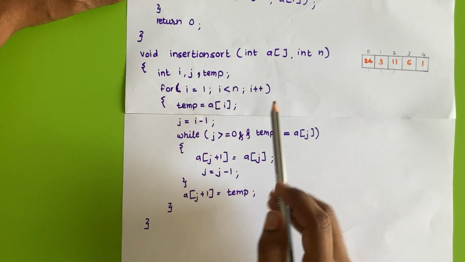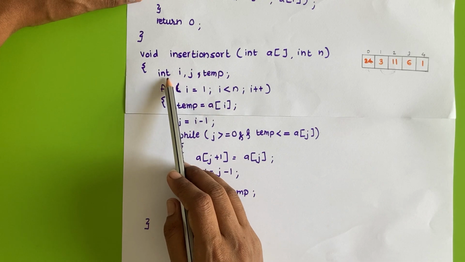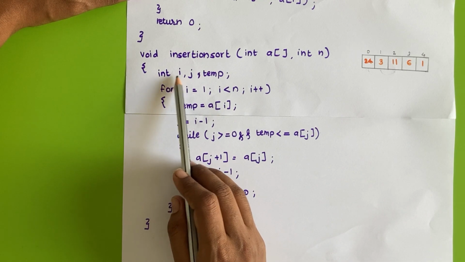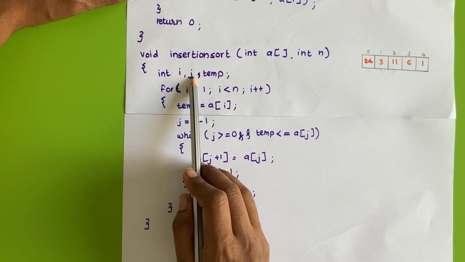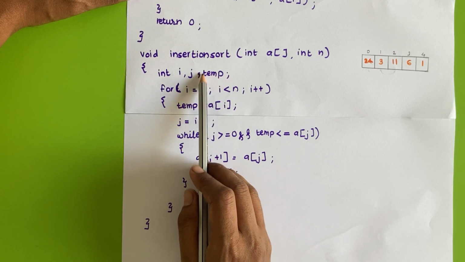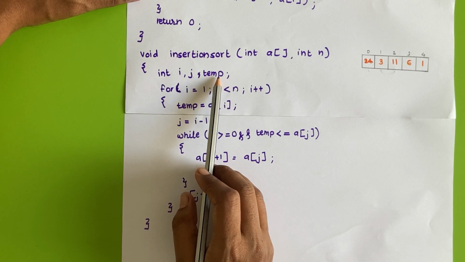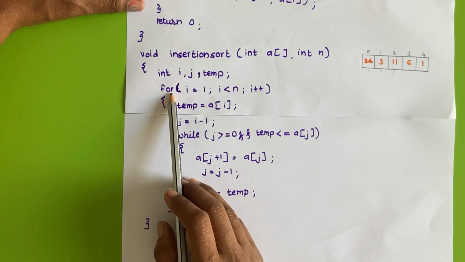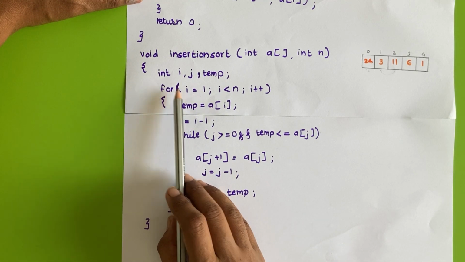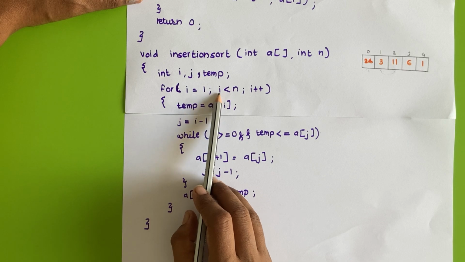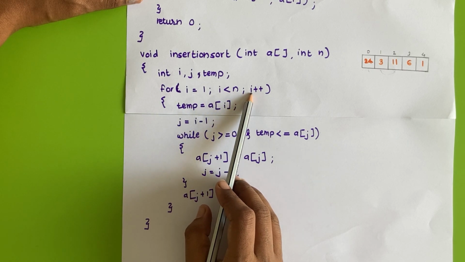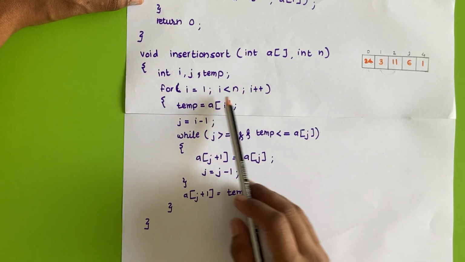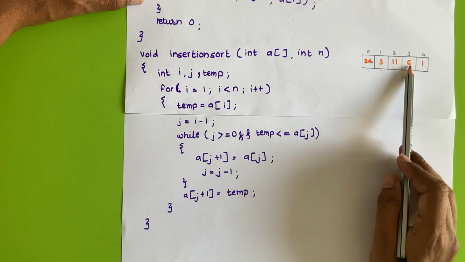For that purpose I require some variables, that is i and j for looping purposes, and one temporary variable for swapping purposes. Now we will start with the for loop. So for i is equal to 1, i is less than n, i plus plus. This loop is for the right element.